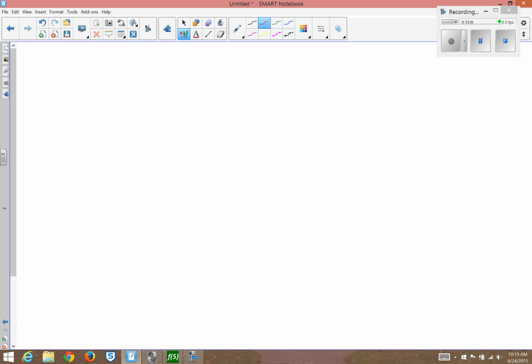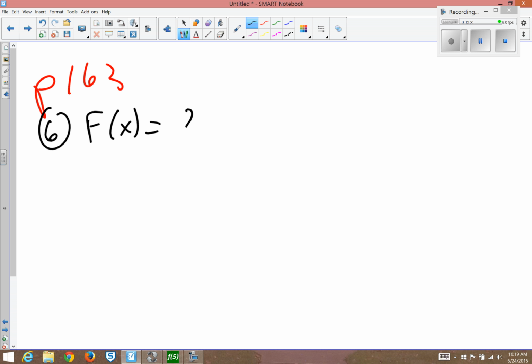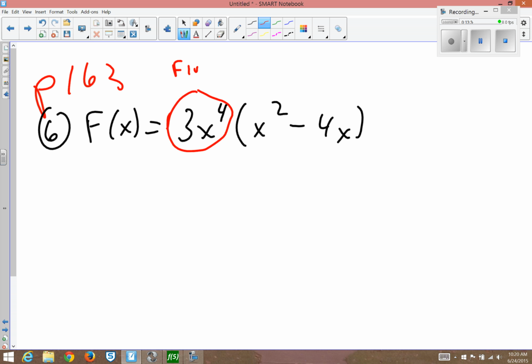I'm going to do two examples, but each example I'm going to do twice. On page 163, exercise 6, f of x equals 3x to the fourth times x squared minus 4x. I'll underline the first in red, or circle the first in red. And I'll circle the second in blue.